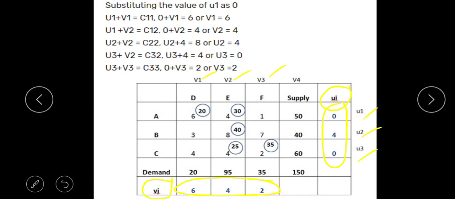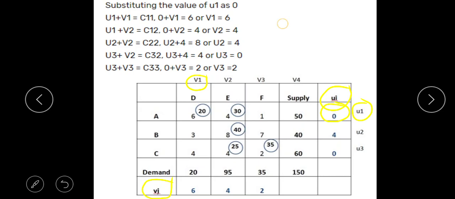We have to find them using the solution that we obtained in the first step. Now let us begin the calculation. Beginning with U1, that is row 1, always remember the value of U1 must be taken as 0. I repeat, always the value of U1 must be taken as 0. Using this value, we are going to calculate the value of V1.